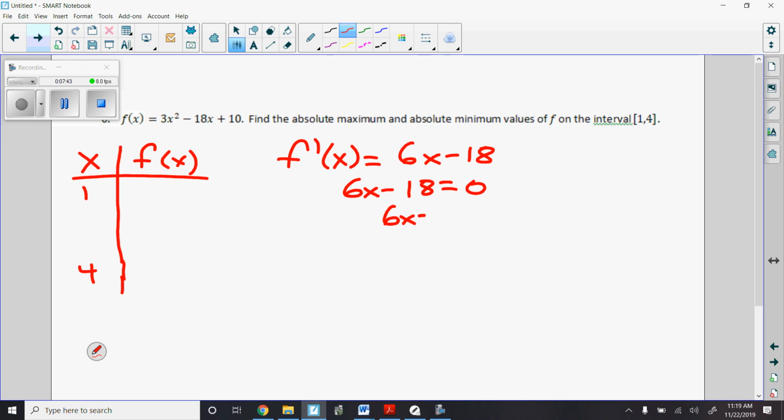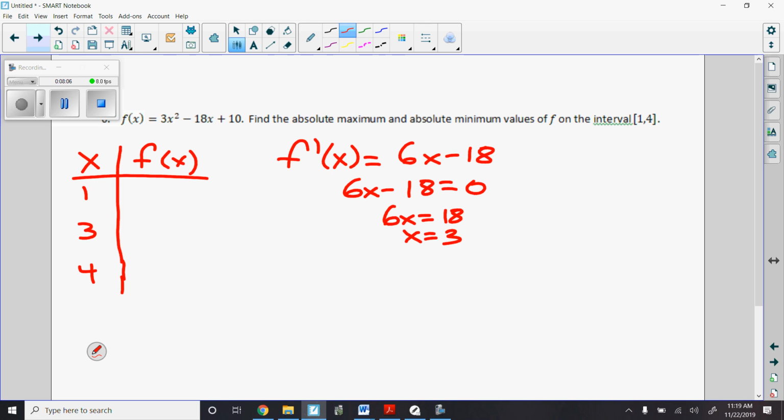Solving that, I get 6x equals 18, and I get x equals 3. 3 is on the interval [1, 4], so I will test 3. Those are the only 3 x values I have to test, and I know that my absolute max and my absolute min will be lying somewhere within those 3 choices. Now I just have to plug them in and solve.